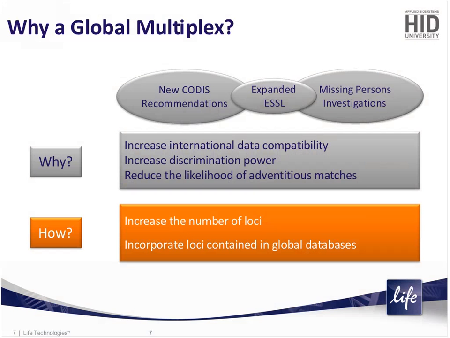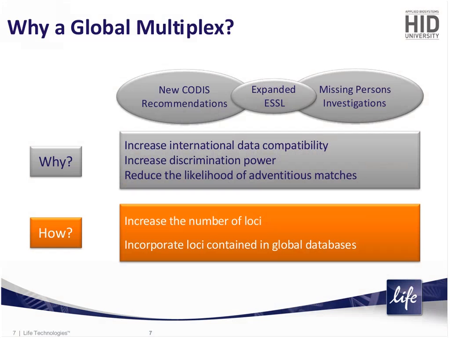There are a lot of questions as to why a global multiplex system might be required. Obviously, the new CODIS recommendations put out by the United States have galvanized us in terms of developing a new system, but there have been many new recommendations developed over the last few years, all of which have culminated together to bring forward the idea of a global, more comprehensive STR multiplex system.